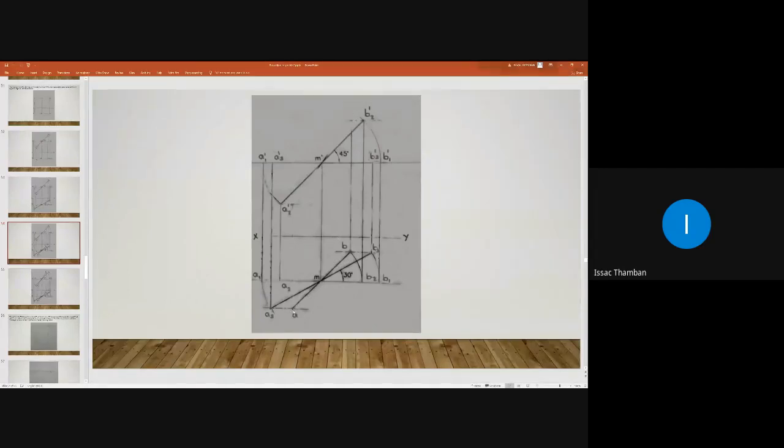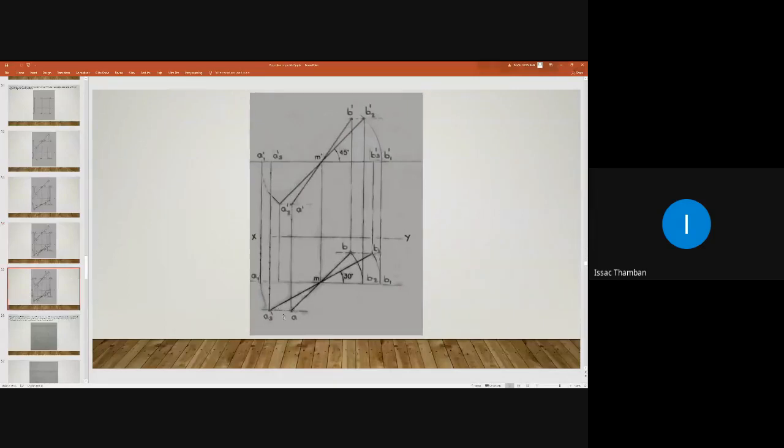So from small a, draw a vertical projector, and from small b, draw another vertical projector. I'm moving to the next slide. So here you are drawing a vertical projector from small a like this, and another vertical projector from small b like this.